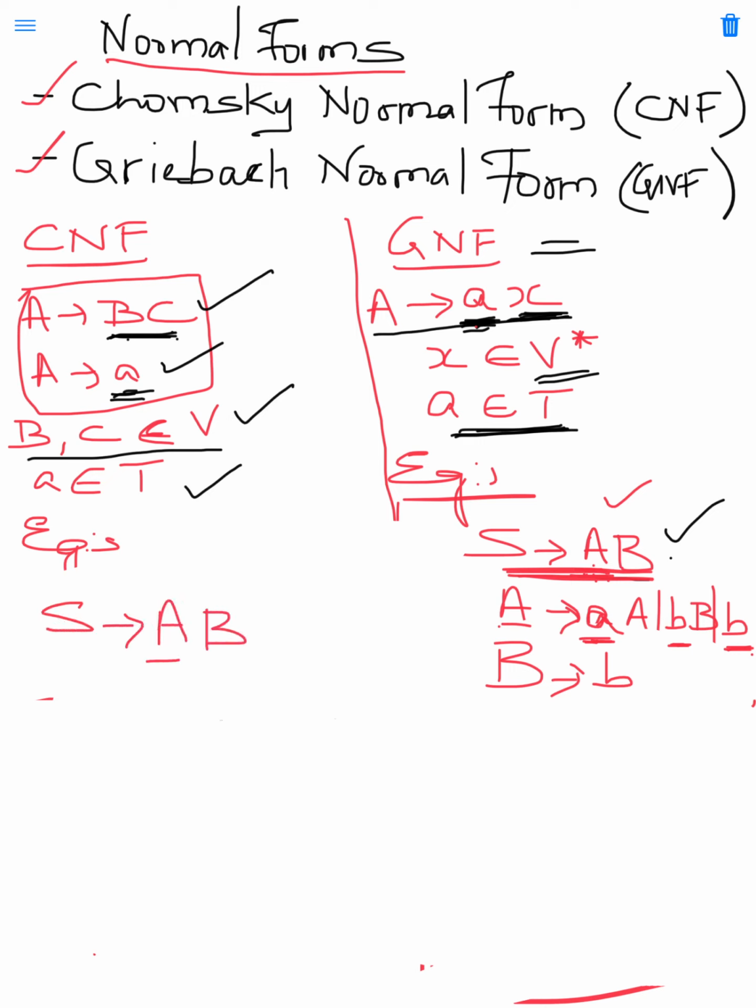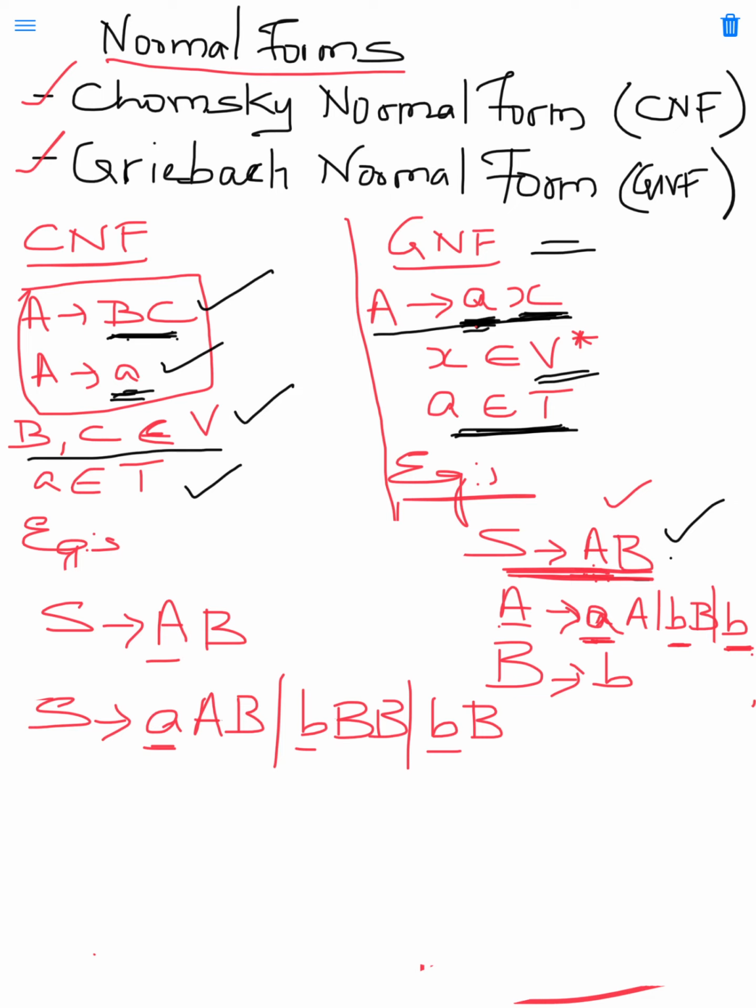In place of A, substitute the right hand side of the productions of A, resulting in S gives a A B, b B B, b. In place of A, you have to substitute all the productions. Okay, now S production is giving all the productions which start with a terminal symbol.